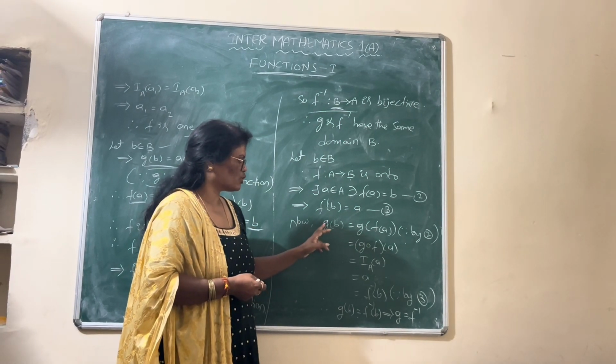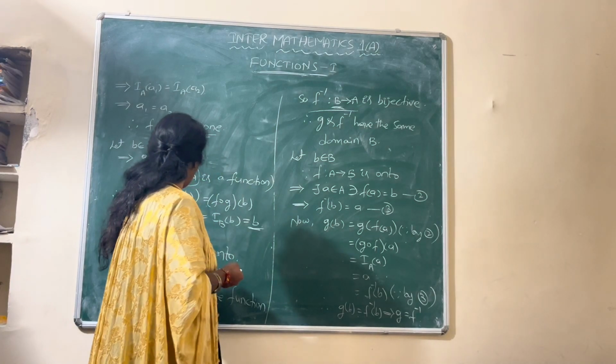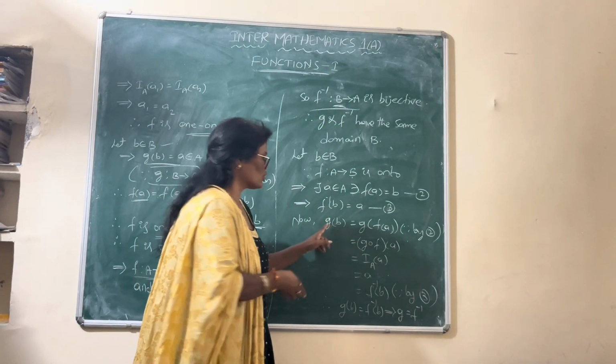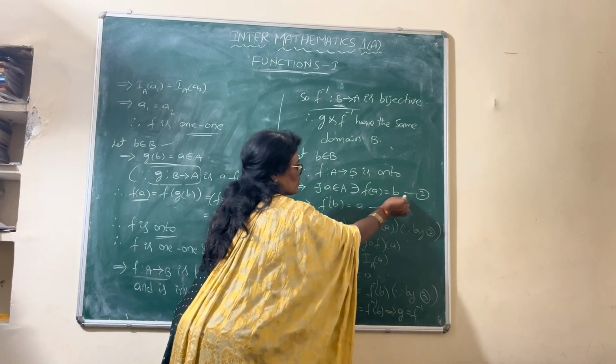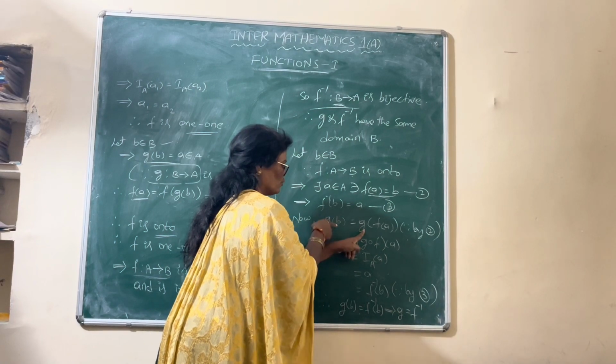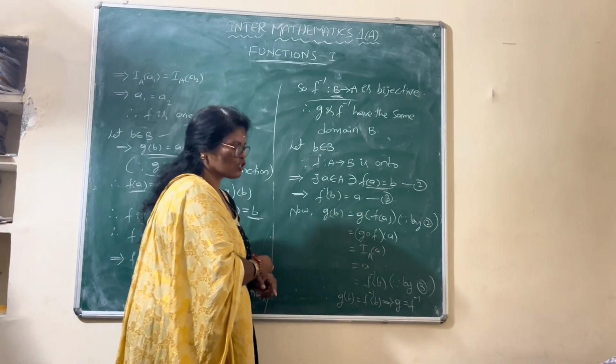Now I am considering g of b, where g is another function from B to A. Instead of b, from equation 2, b is f of a, so g of b is g of f of a.